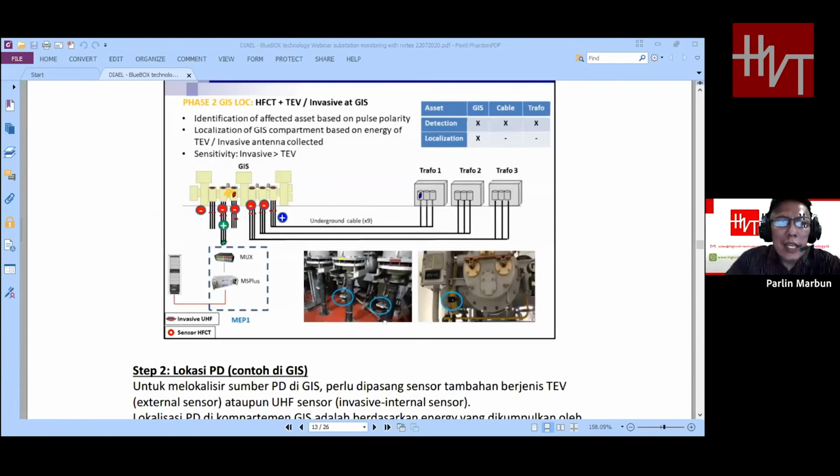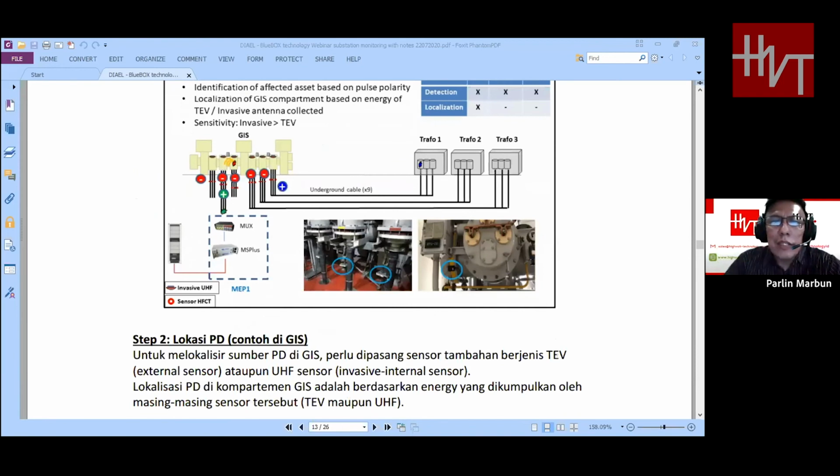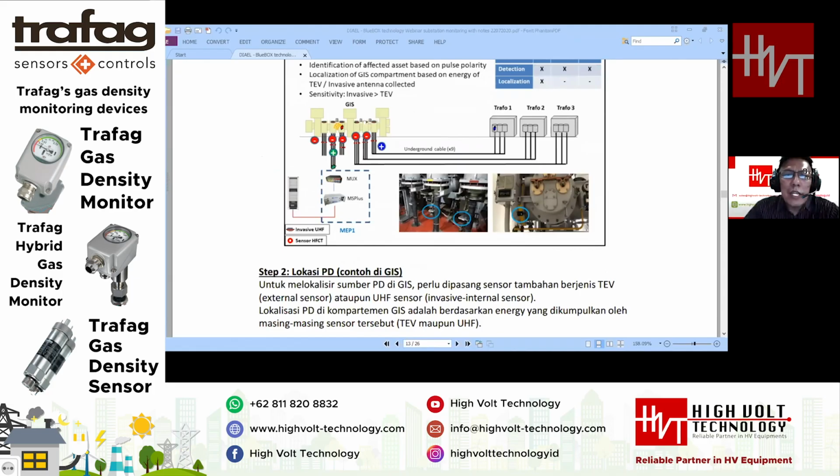Nah, ini adalah tahapan yang kedua, untuk melokalisir sumber PD di GIS. Perlu dipasang sensor tambahan berjenis TFV, yaitu external sensor. Ini bisa dipasang di setiap gas barrier di lokasi GIS, ataupun dengan UHF sensor yang biasanya sudah terpasang secara online di masing-masing GIS.